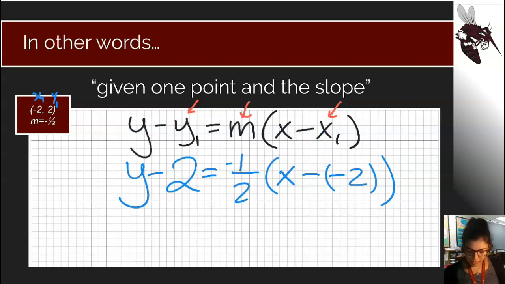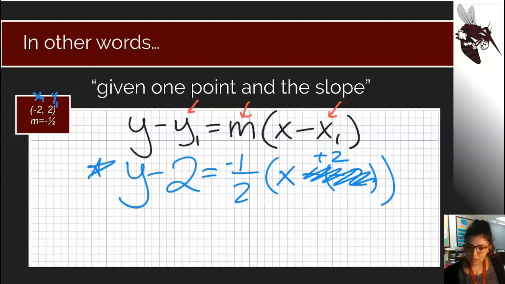If I'm plugging in another negative number, I'm going to have negative times negative, which is more simply just a positive. Now sometimes with this TEK, it's going to stop here and just have them write it in point-slope form: y minus 2 equal to -1/2 times x plus 2.